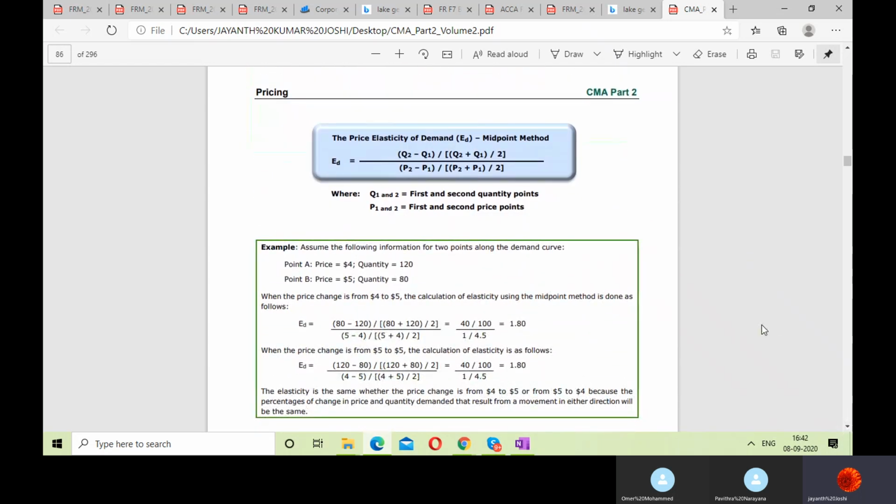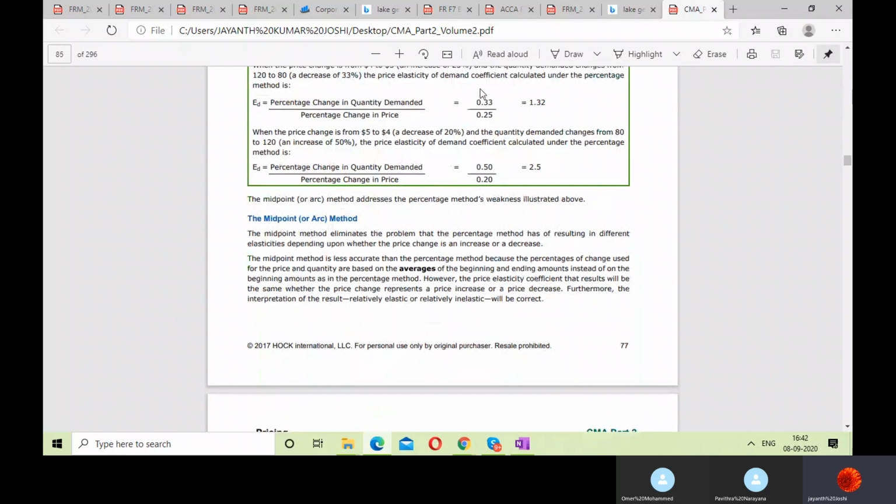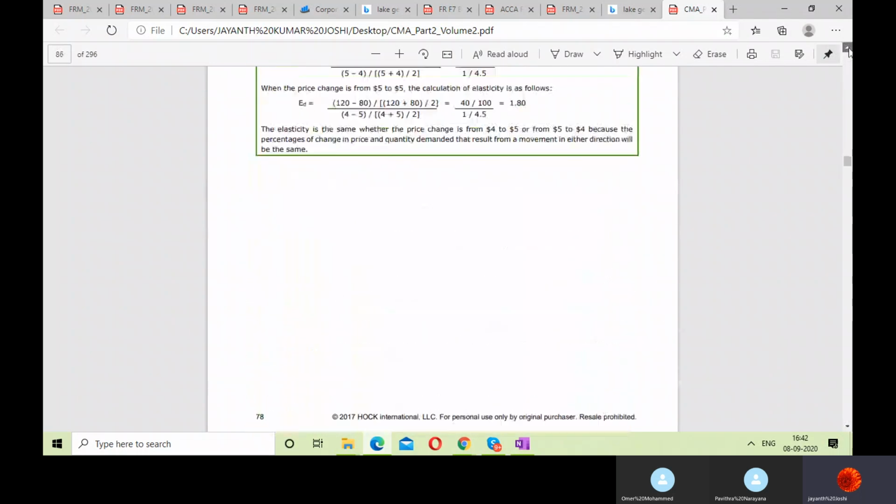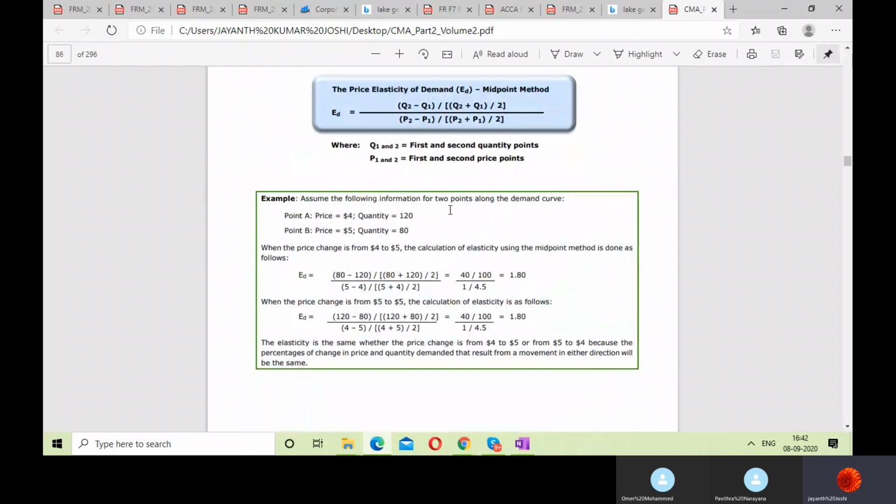What have you seen in the percentage method? You have just taken the two figures given to you and seen the change divided by the change in price. Here you are finding the average. And how are you finding the average? You are taking the beginning figure and the ending figure, so Q1 and Q2, the first and second quantity points, beginning and ending.